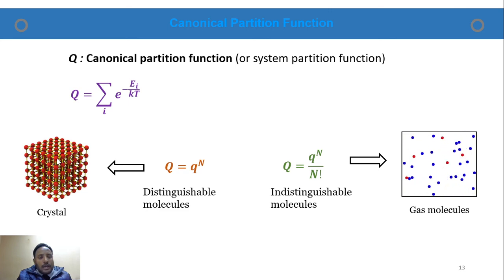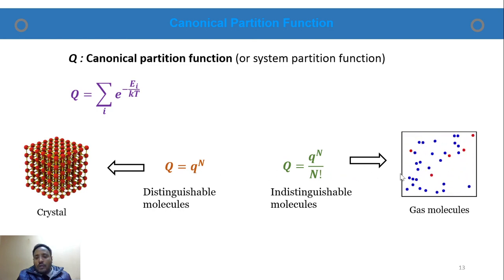And if we know the partition function of each of them, then taking the product of the partition functions of each of these molecules will give us, if there are n molecules in the crystal, capital Q equal to small q to the power n. So this is the relation between the canonical partition function and the molecular partition function.